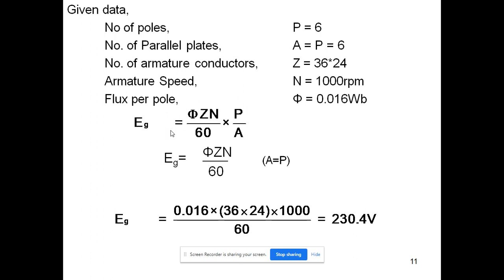So we are not substituting the value of A and P here. On calculating, we get the answer as 230.4 volts.